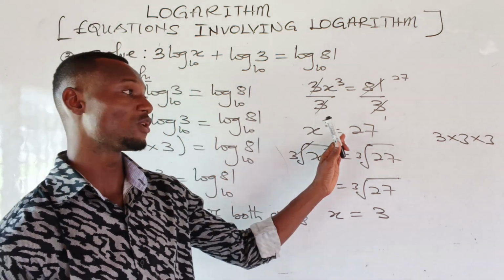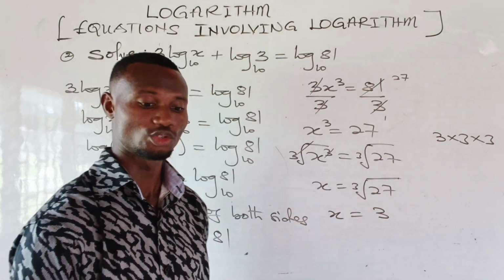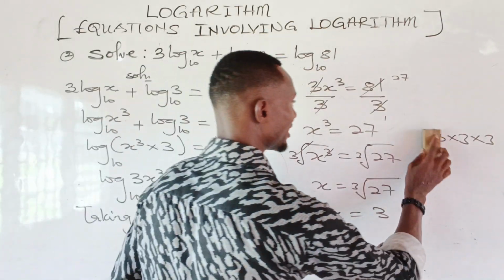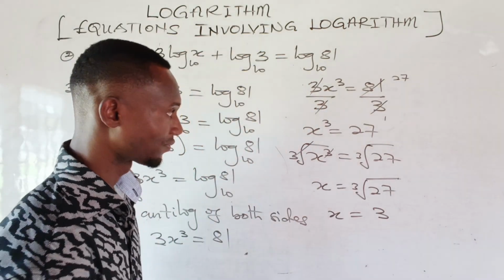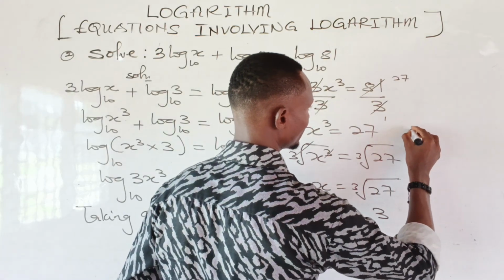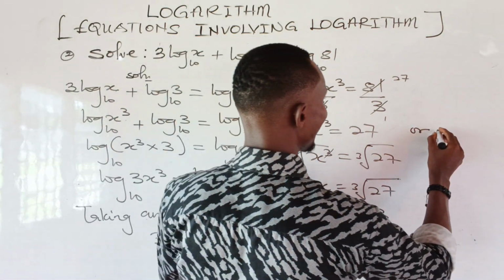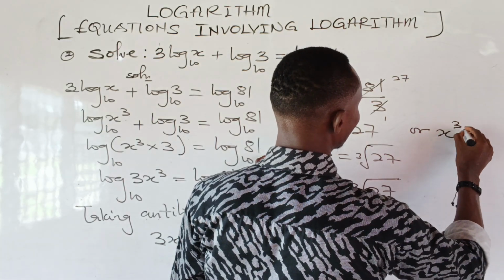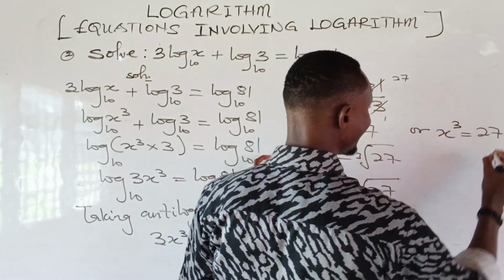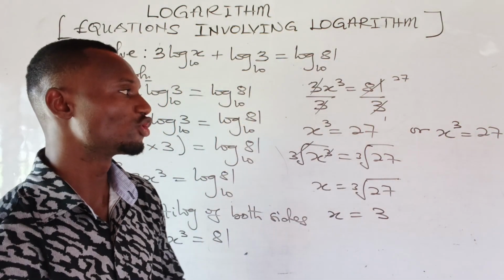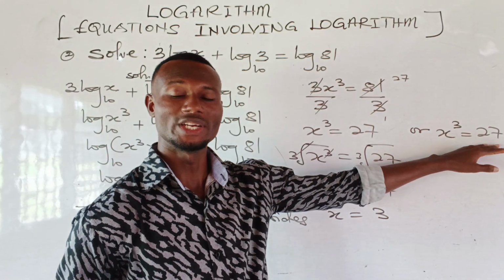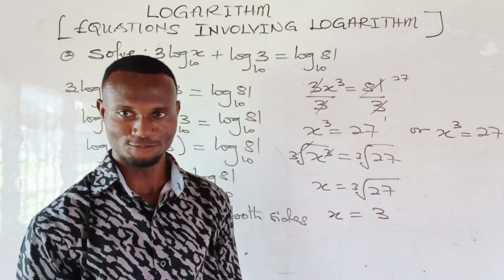Now, if you don't want to do it like this, someone can also choose to do it like this. Let me clean it and show you. From this side, having s to the power 3 equals 27, someone can choose to express this 27 in exponent form.